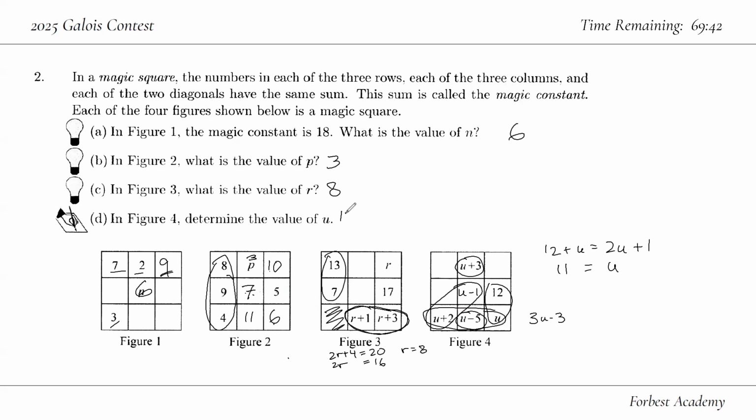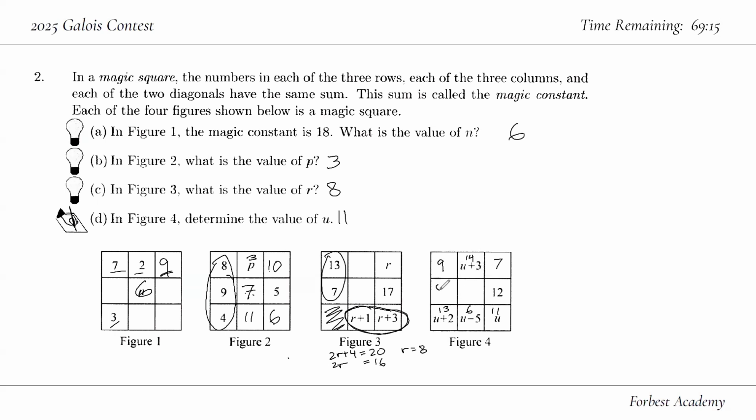If we want to finish this off, u is 11, and this is 13, this is 6, this is 11. So the magic constant is 30. This is 23. This would be 7. This is 14.